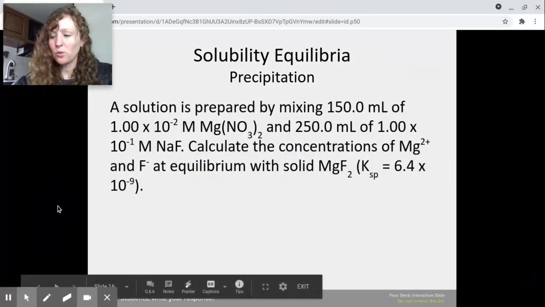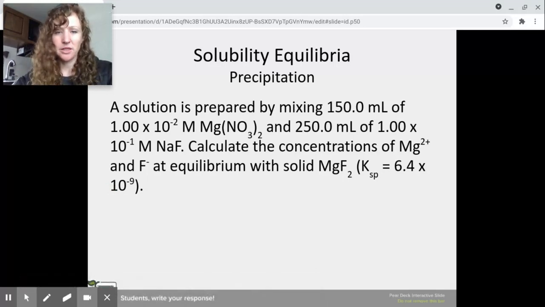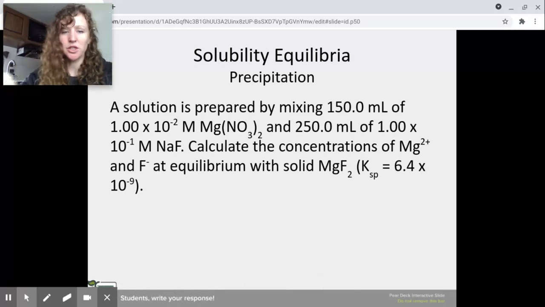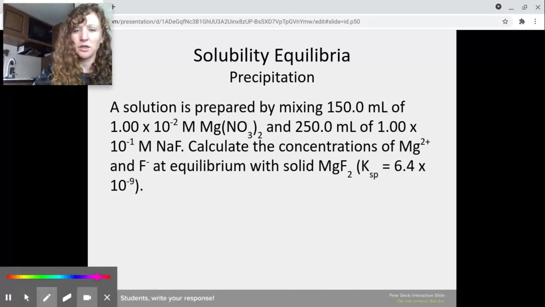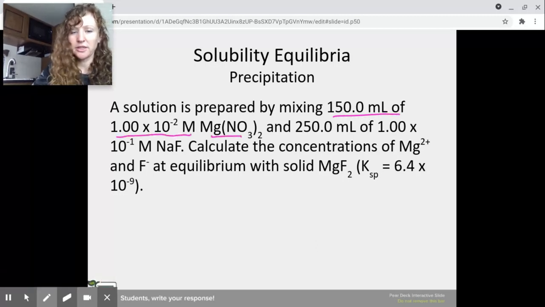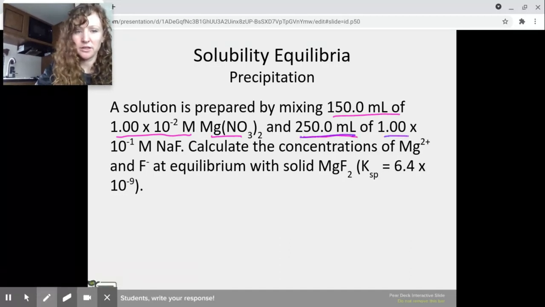Okay, one more practice problem. Let's see what this one is about. A solution is prepared by mixing a volume and molarity of magnesium nitrate with a volume and molarity of sodium fluoride.